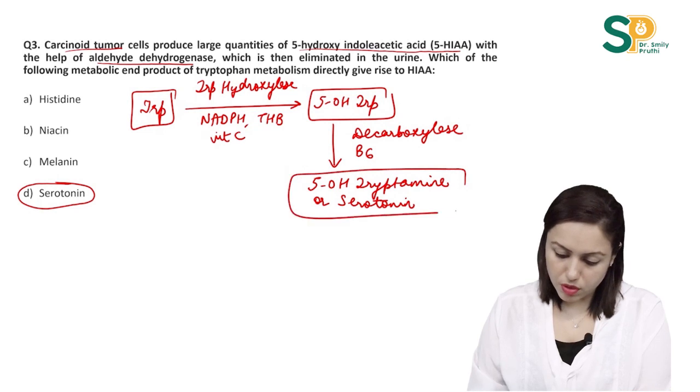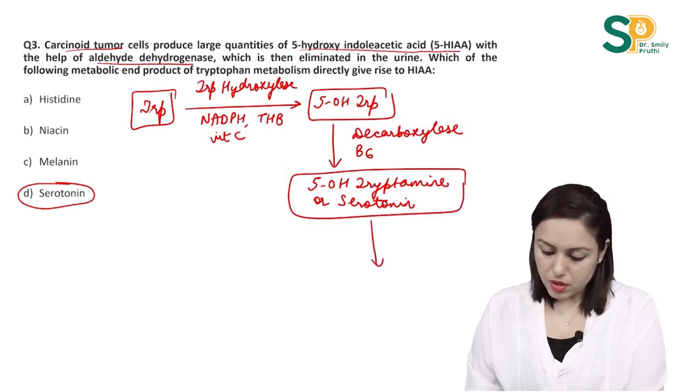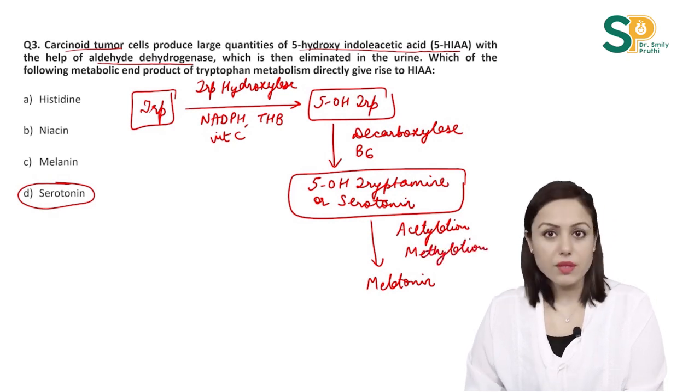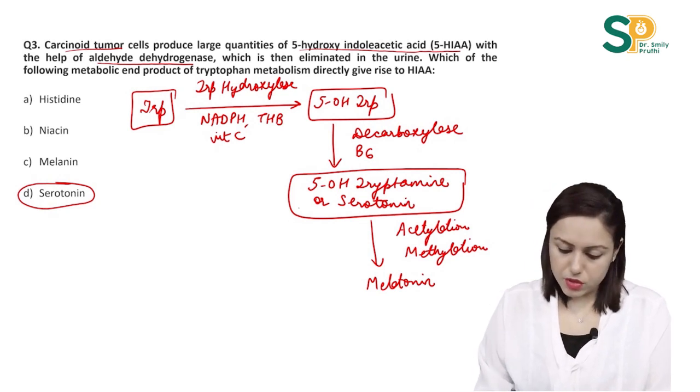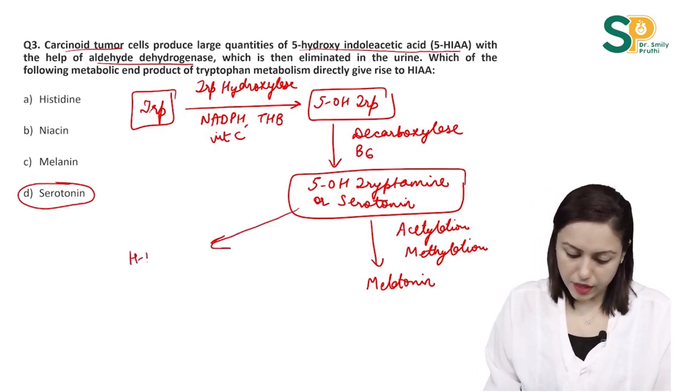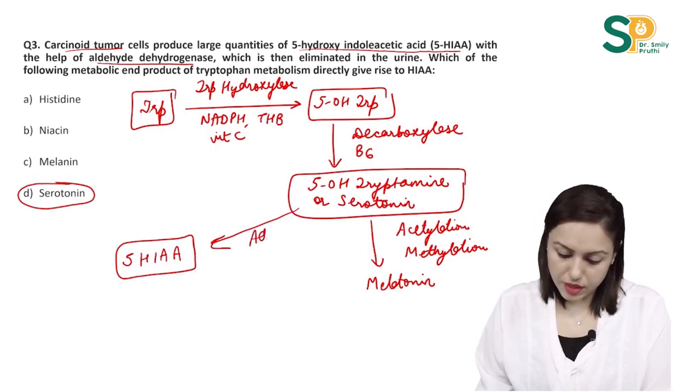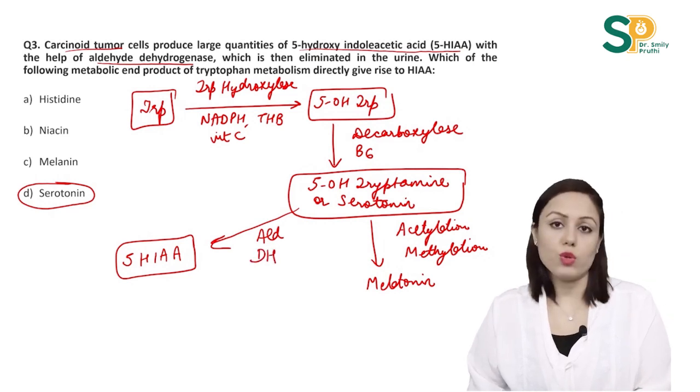That is serotonin. Now, serotonin gets converted to melatonin by acetylation and methylation steps occurring, right? On the other hand, serotonin has its end product as 5-hydroxyindole acetic acid, which is given in the question also, and the enzyme is aldehyde dehydrogenase.